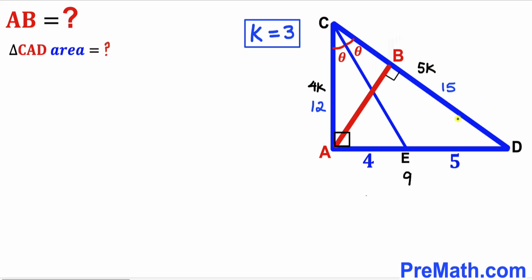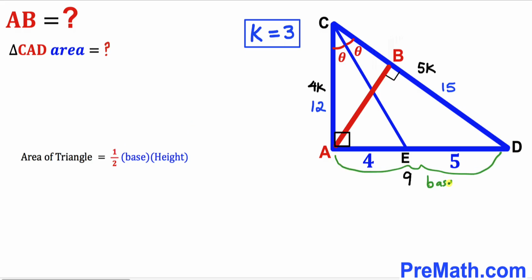Now we are going to calculate the area of this triangle CAD. Let's recall the area of a triangle formula. Area is always equal to a half times base times the height of the triangle. In our case, this side is the base and this side is the height.